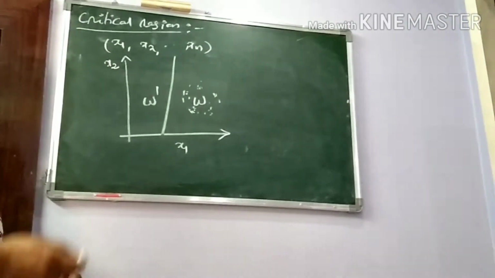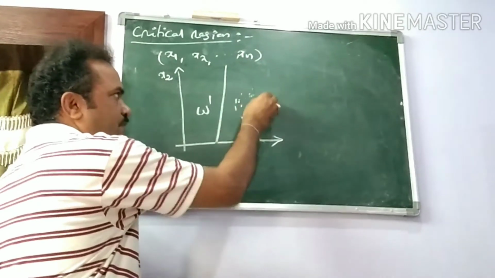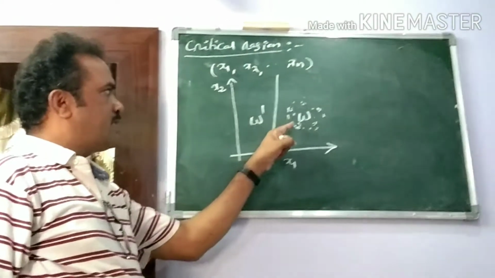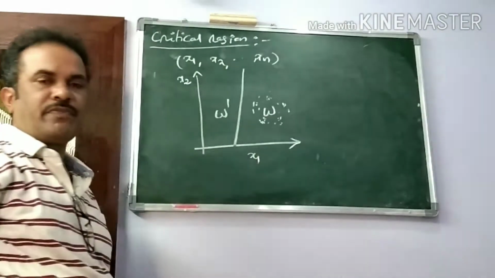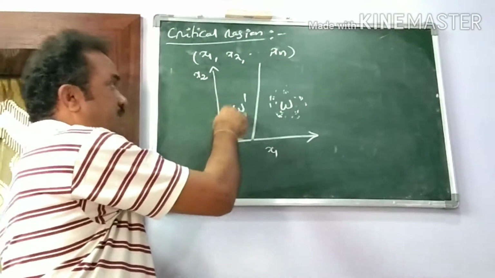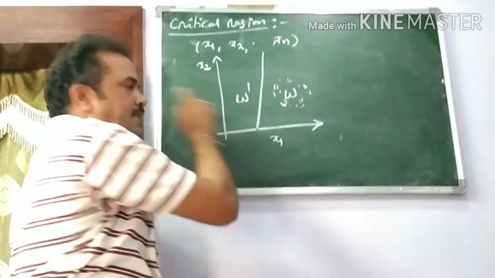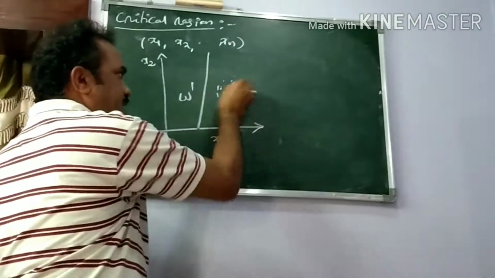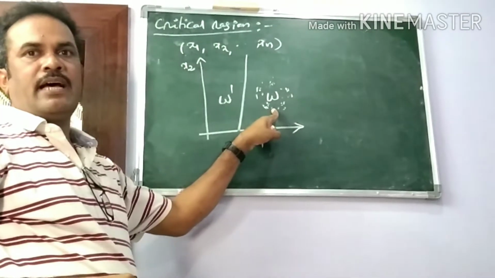The null hypothesis is rejected when the sample points fall in W. That is clearly understood. Suppose the null hypothesis is accepted when the sample point falls in W dash. So we will consider only this region, and that region is called the critical region.